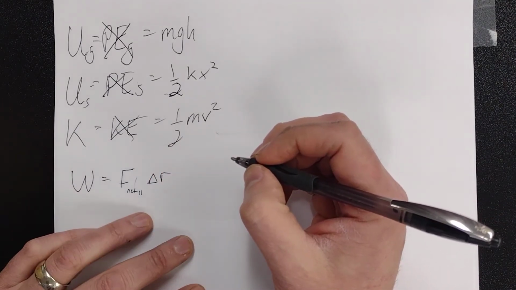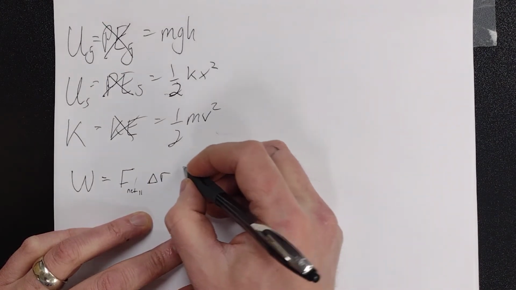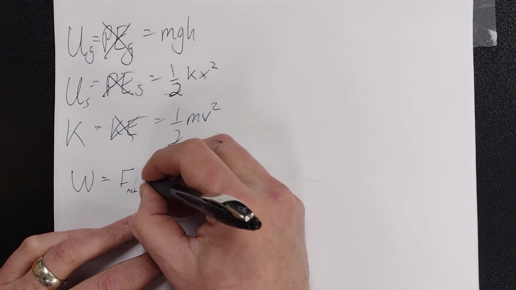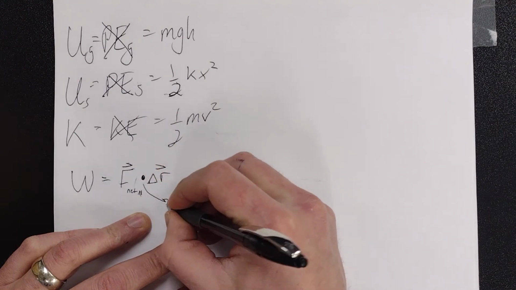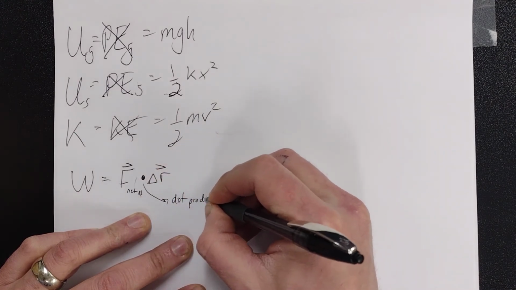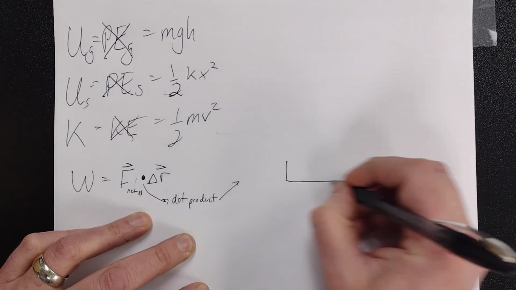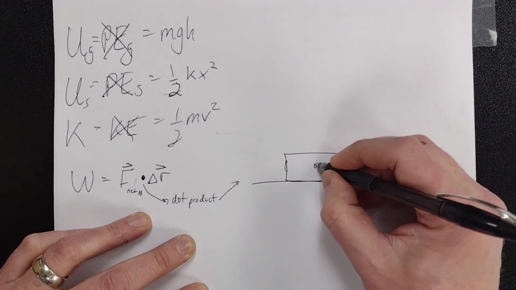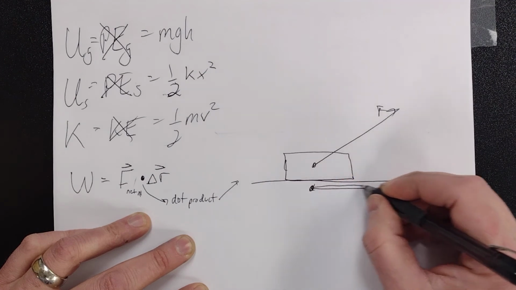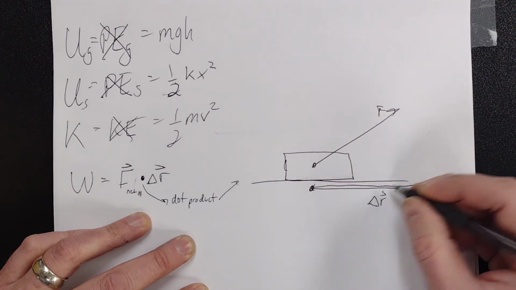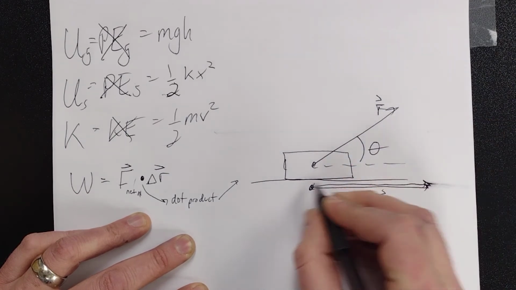Alright, I guess I will talk about this a little bit right now. We write it without the parallel. We put that dot in there. That is a flag to say if you have some force and some displacement vector, say that's delta r, and this is your force vector, and that's the angle between the two vectors.